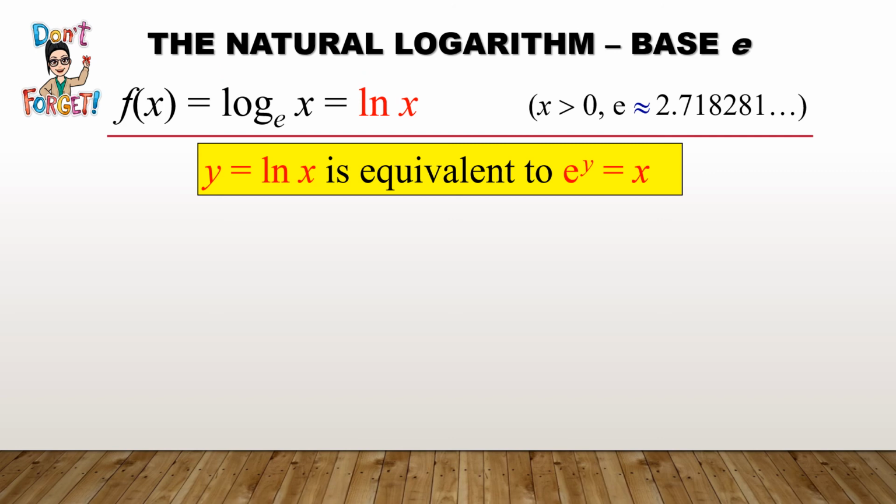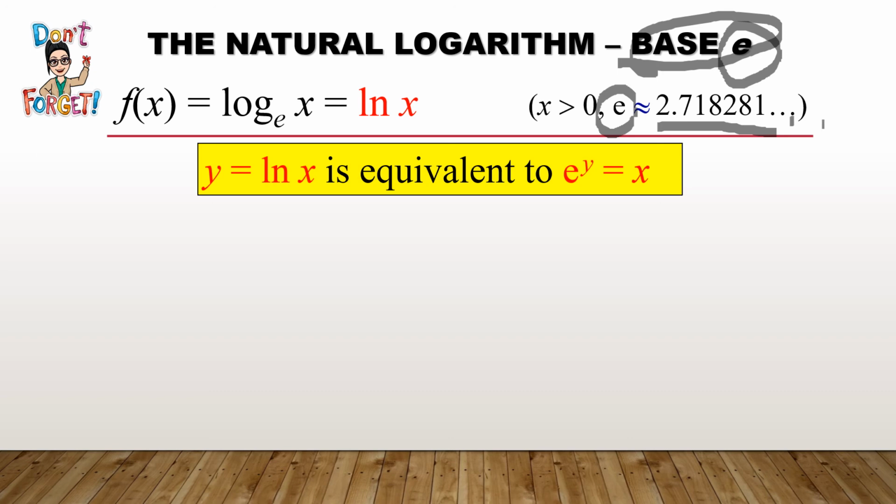Next, let's have the natural logarithm. This time, we call it base e. A while ago, we had the common logarithm, and that is base 10. This time, it's base e. Using your calculator, if you want to validate, if you press e, the result that you will get is 2.718281 and so on and so forth.